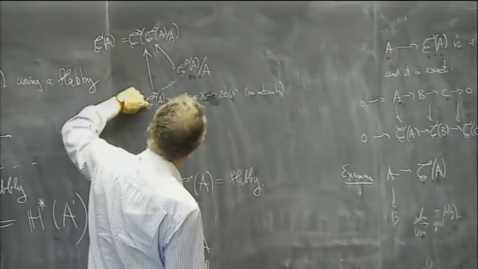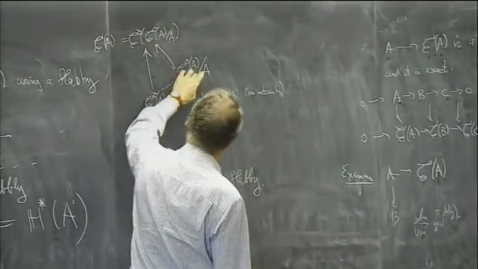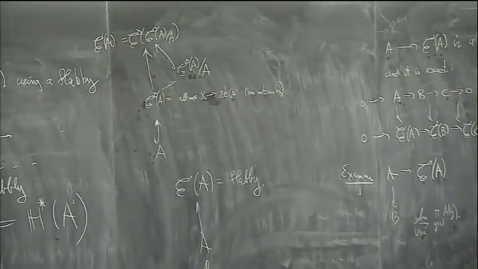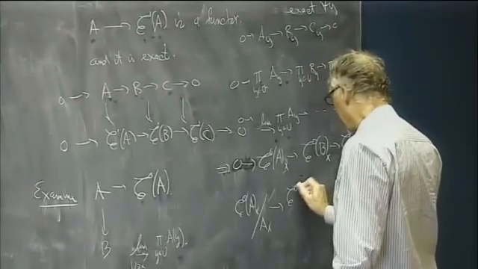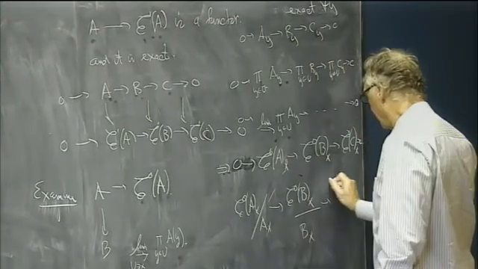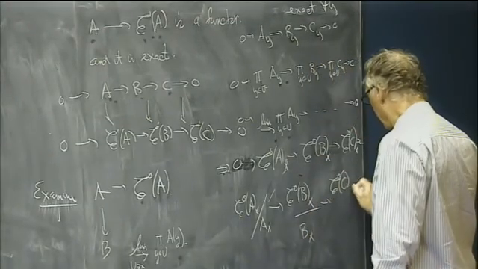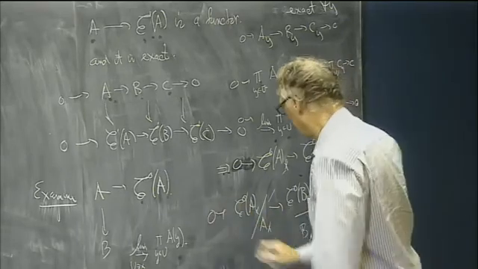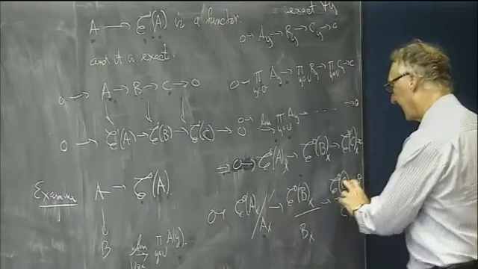The next step in the construction is divide this one by A. That'll certainly still be functorial, and it will still give a short exact sequence, because this is exact and this is exact.